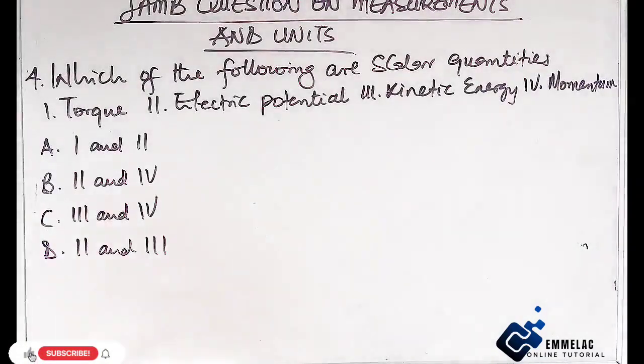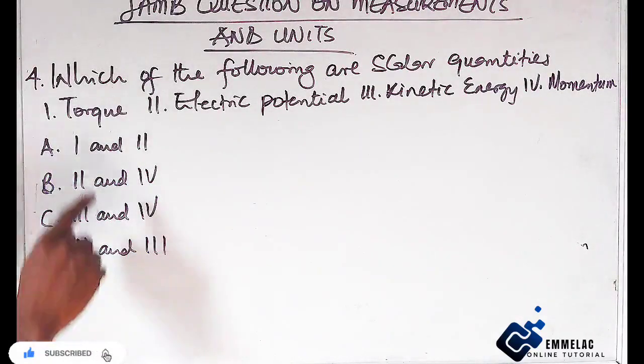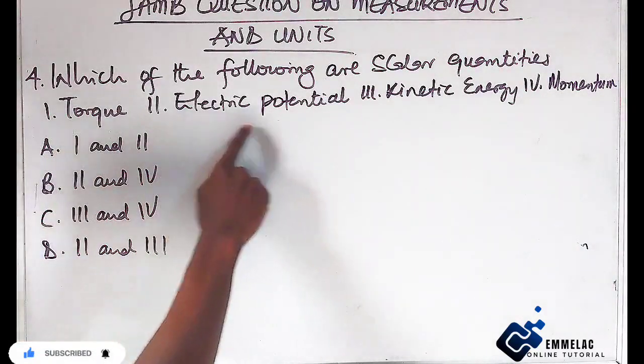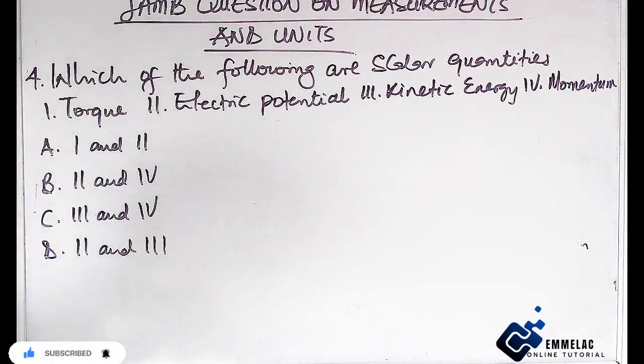Now for number 4, we are told that which of the following are scalar quantities. Now we have torque, electrical potential, kinetic energy, and momentum. Alright, and we know that the scalar quantity is that quantity that only has magnitude, that is numerical value without direction.